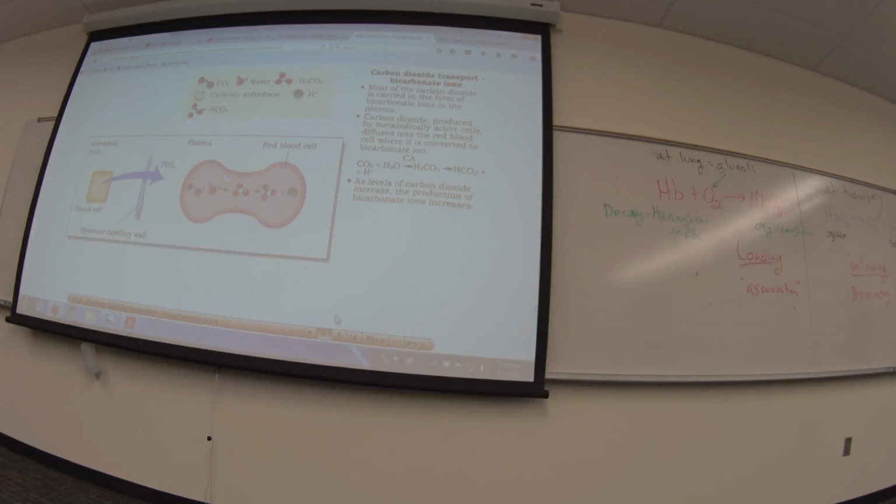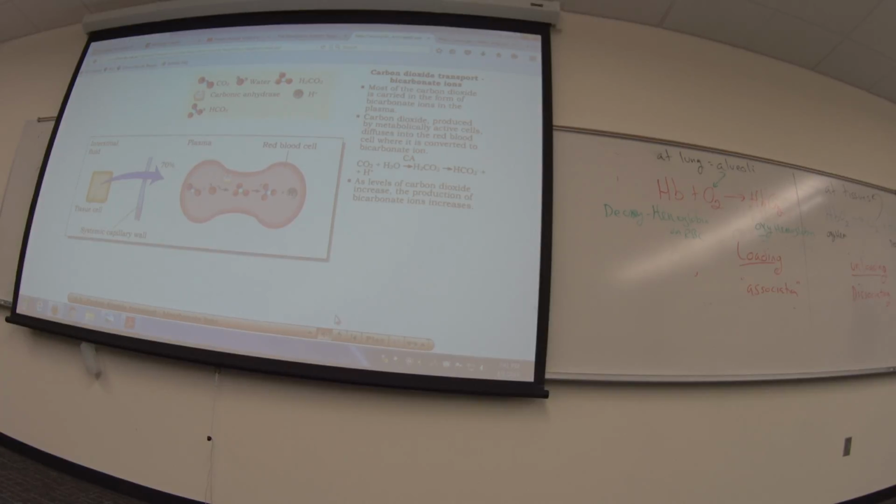All right? So I'm going to make carbonic acid. It's going to be associated to two ions, H's and bicarbonates. Where does this occur? In the RBC. So this whole equation, all the steps, is in the RBC, within the red blood cell. Not the heme, but actually within the red blood cell, where the plasma is.